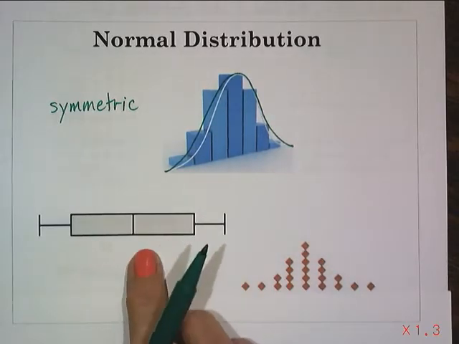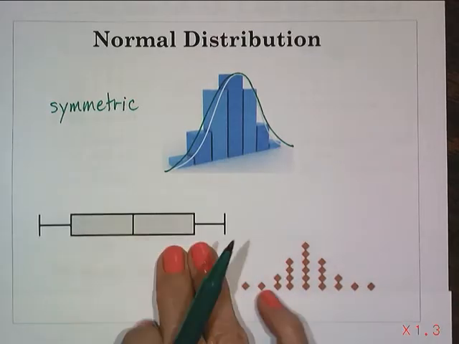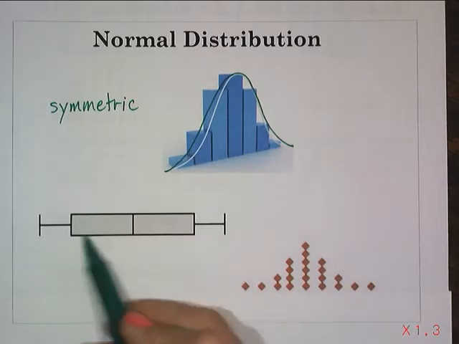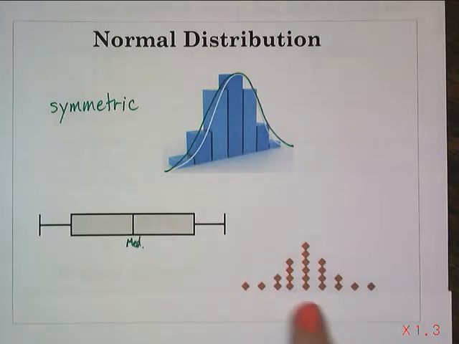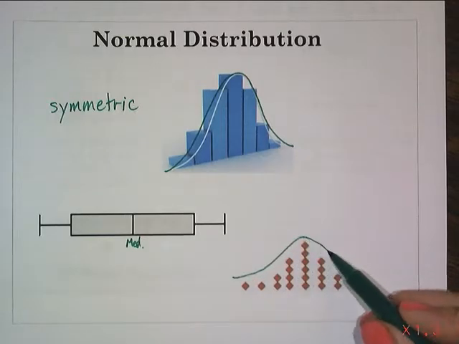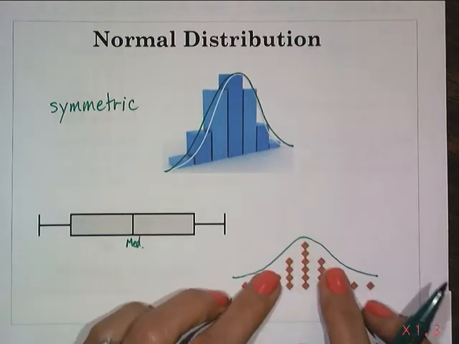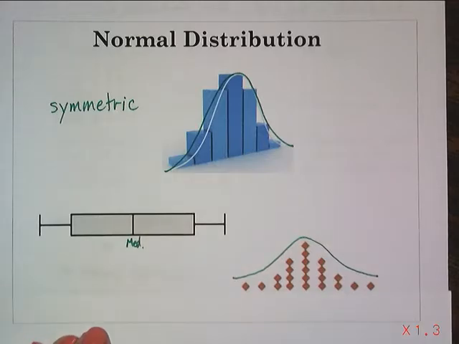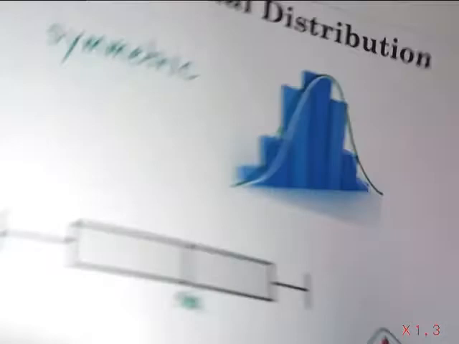If I'm looking at a box plot, you're going to see that the box and the whiskers are very evenly spread out, very symmetrical on either end, on either side of the median. And then for a dot plot, you're going to also kind of be able to make out that bell-shaped curve. You'll have more dots in the middle, and then they kind of fan out on the sides. That's what a normal distribution would look like for each one of the types.